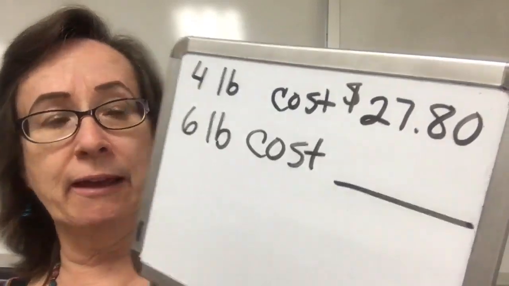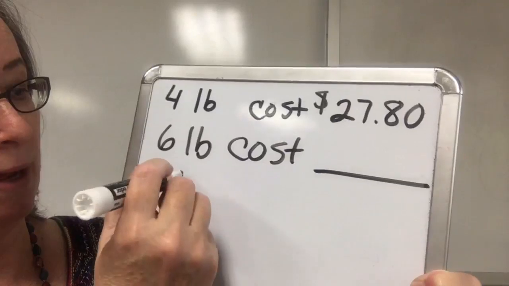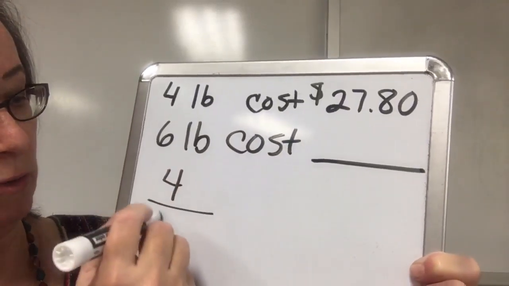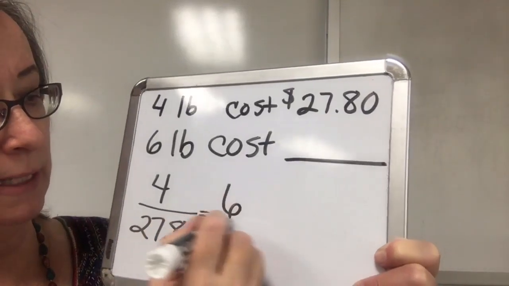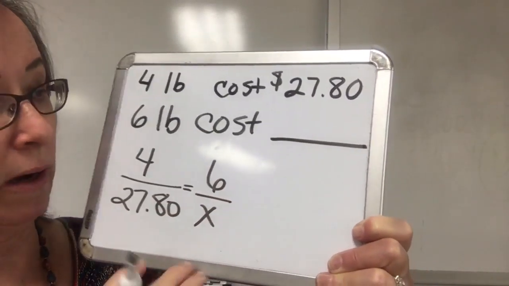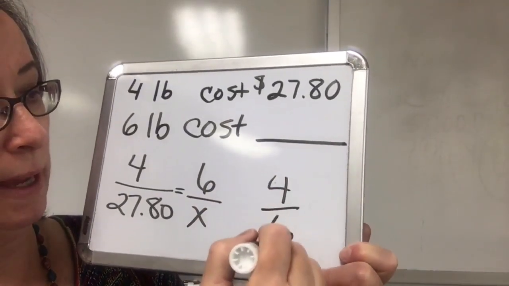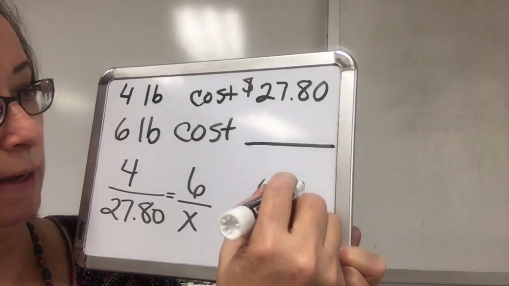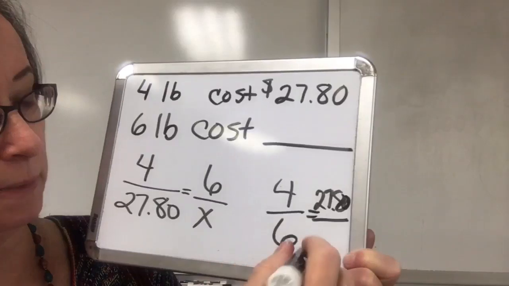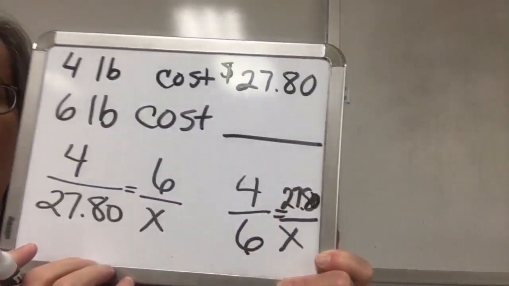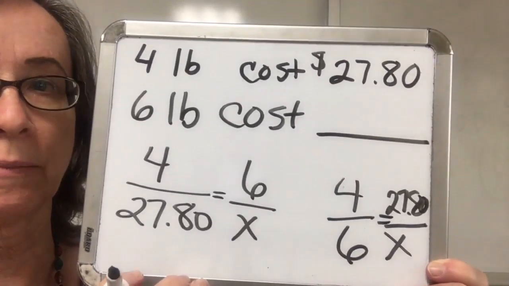It does not matter whether we set up 4 pounds is to $27.80 as 6 pounds is to what, or 4 pounds to 6 pounds, with the $27.80 over the what. Both equations will get me the same results when I cross multiply.